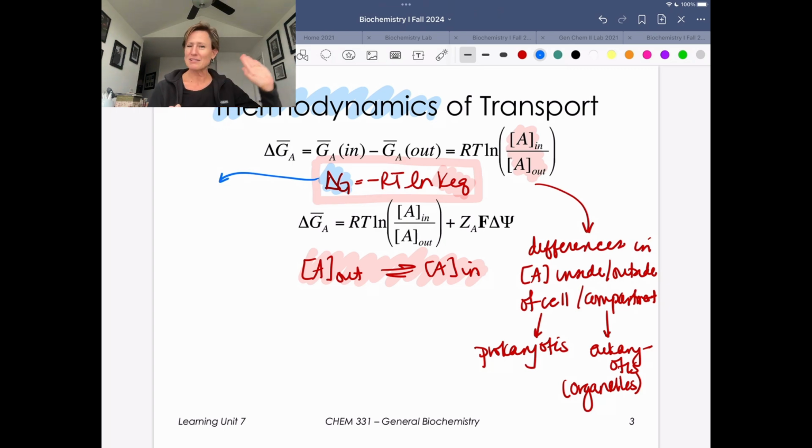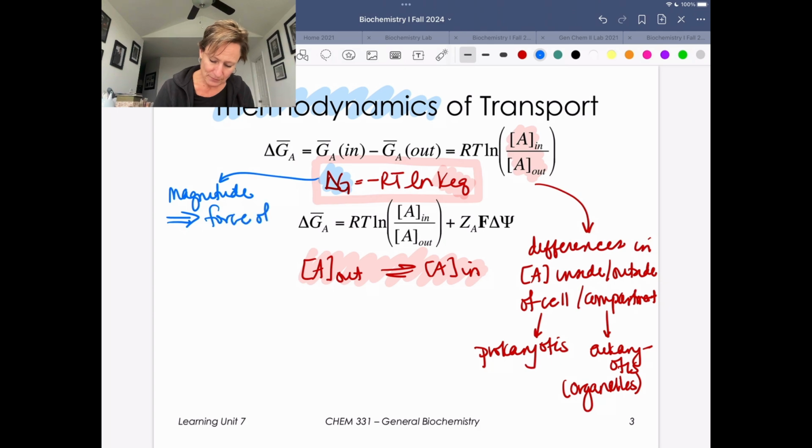We talked about this already, way in the beginning when we reviewed our thermodynamics. There is a magnitude and there is a sign for delta G. Both are important. Let's first talk about the magnitude, which means the numerical value that we have for delta G. This is going to be directly proportional and related to the force of the gradient.